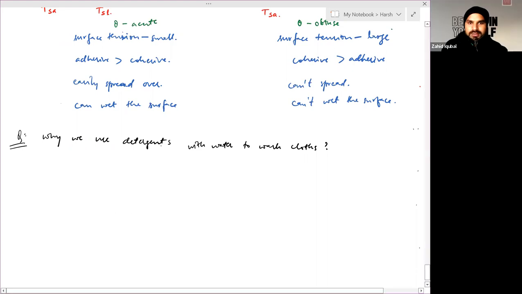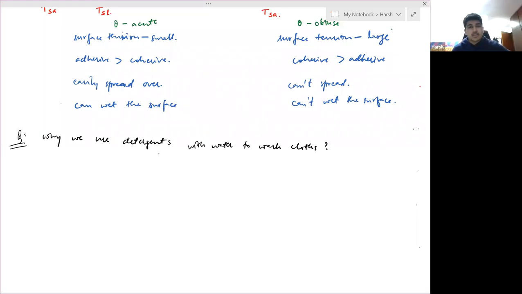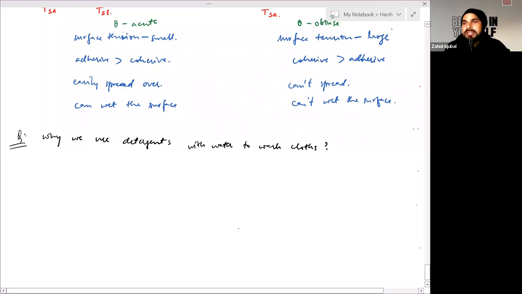No. Initially, without using detergent, water will have large surface tension, so it can't wet that dirt easily, so it won't be able to cleanse or wash it. On using detergent, we are adding some impurity to that particular liquid, and on adding any impurity, surface tension may decrease. On decreasing surface tension, it will have the ability to spread over that dirt easily and cleanse and wash it. Is it clear?